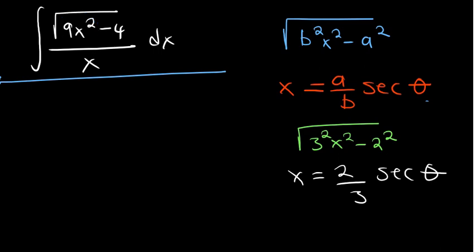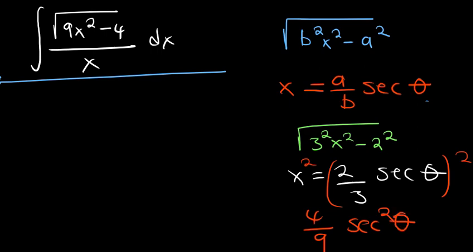So what happens if you square this? 2 to the power 2 gives us 4. 3 to the power 2 is going to be 9. Secant squared is going to be secant squared theta. As simple as that. So now we know that is x squared.